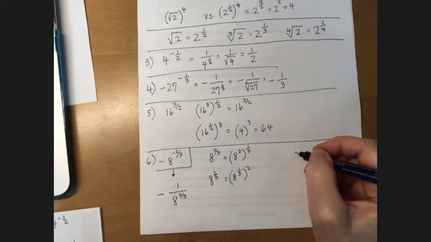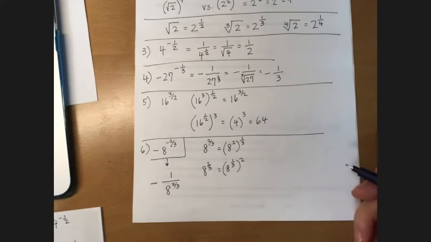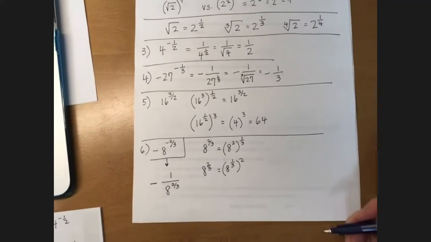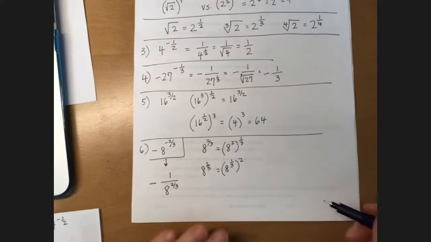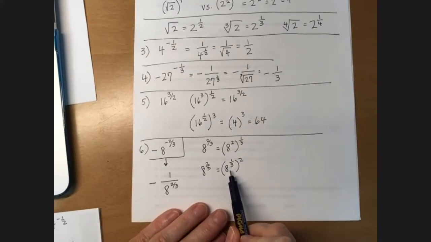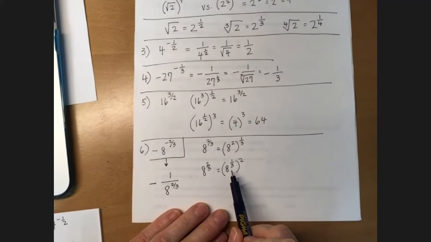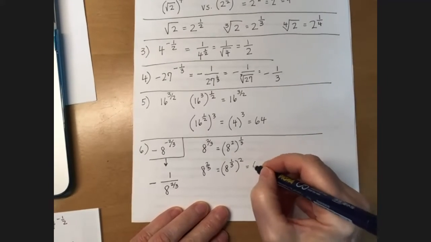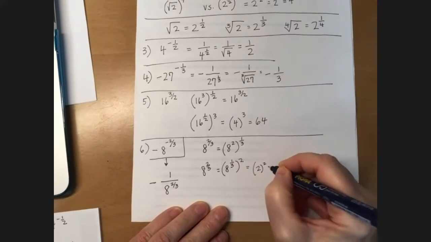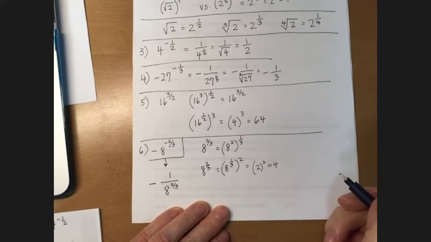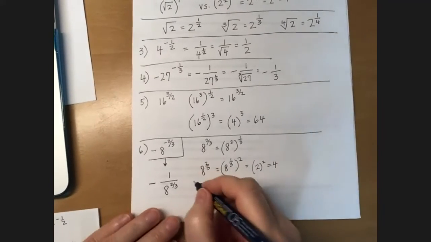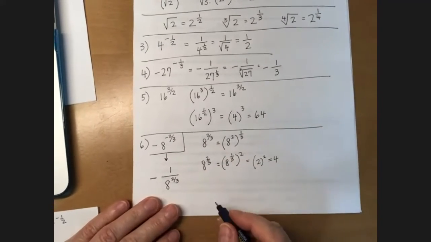Now, no matter which way you choose to do this, you're going to get the same answer. It's just that sometimes there are easier pathways to get to the right answer. And for me, I want this one, because I know that the cube root of 8 is 2. And so this is going to be 2 squared, and I know that's 4. So now I can take this information down here to the problem.